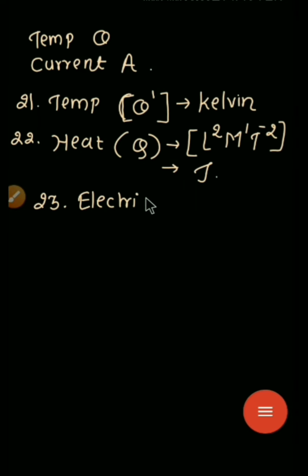Electric current. We know electric current is denoted by I, and what will its formula be? As I told you, for current we have the fundamental quantity A, so we can write here A of power 1.